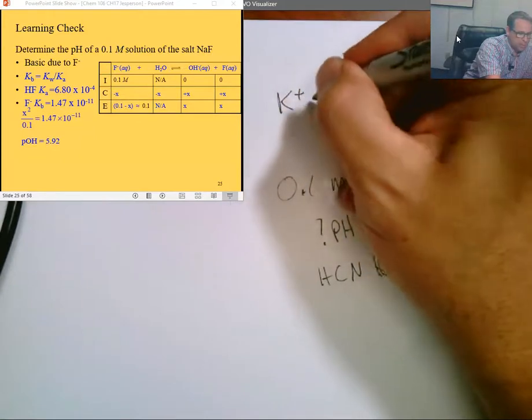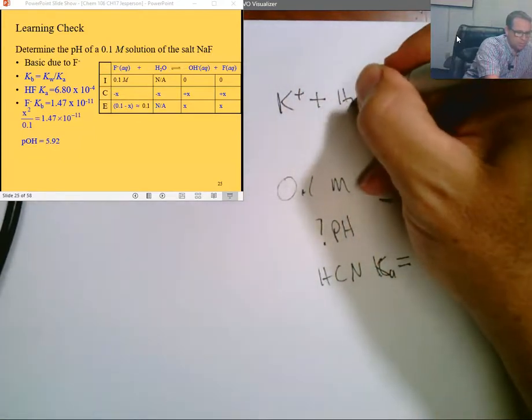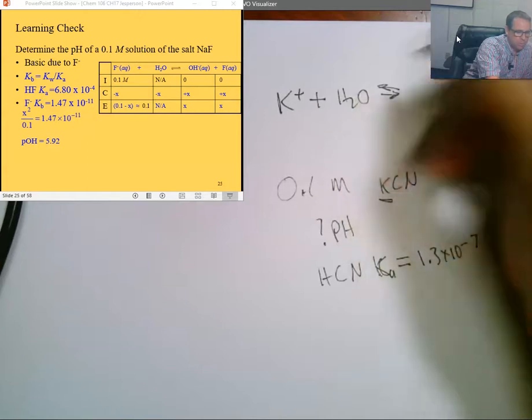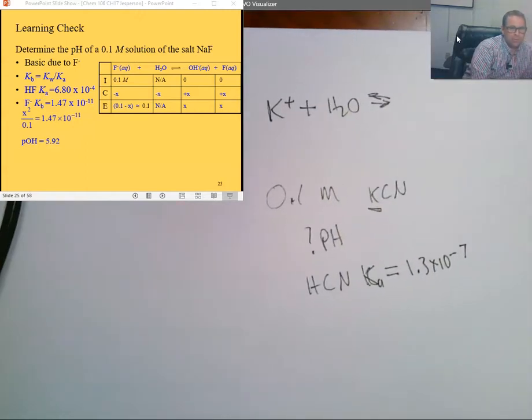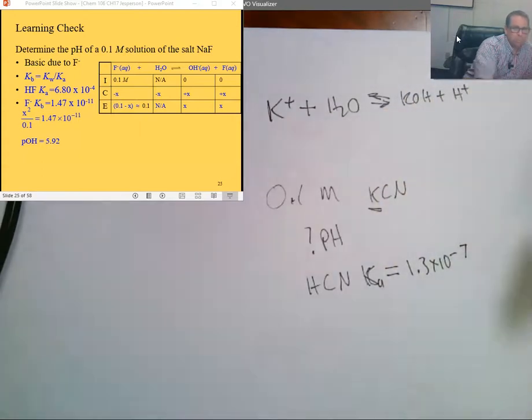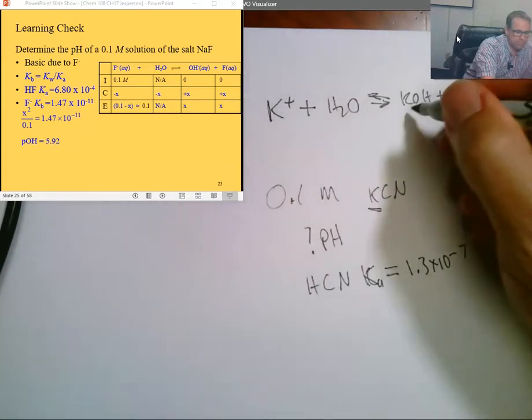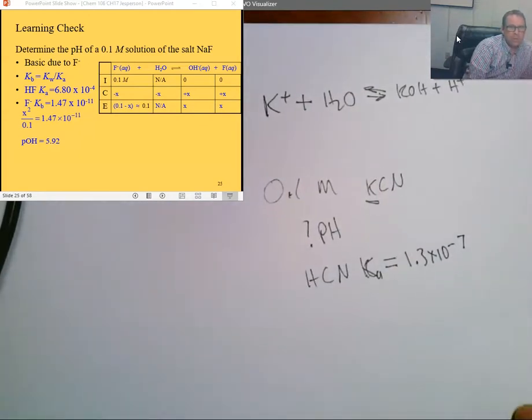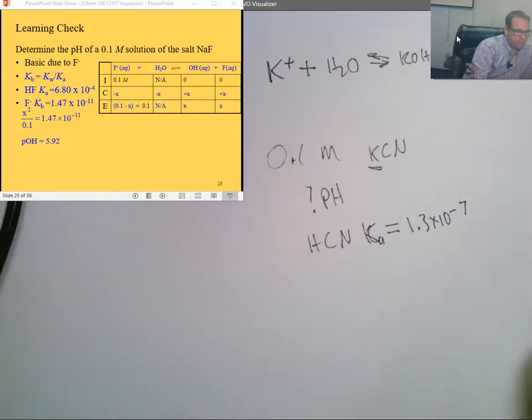K plus H2O, and then it'll go to KOH plus H positive, but that's completely soluble. Okay. So that one's not going to be the one we're concerned about.